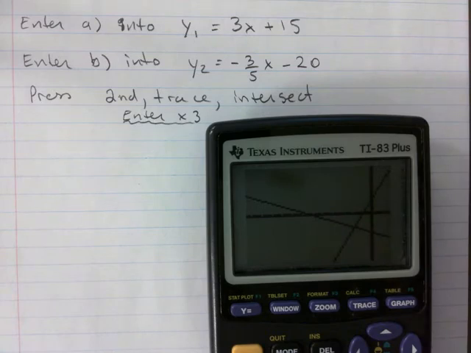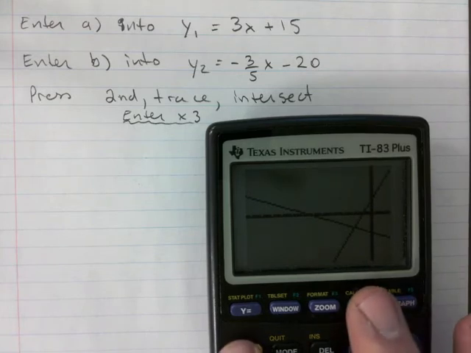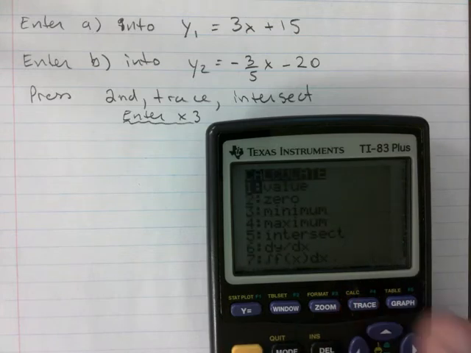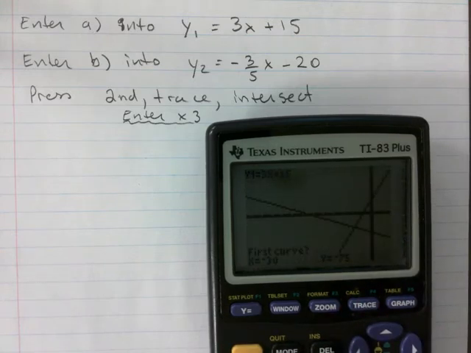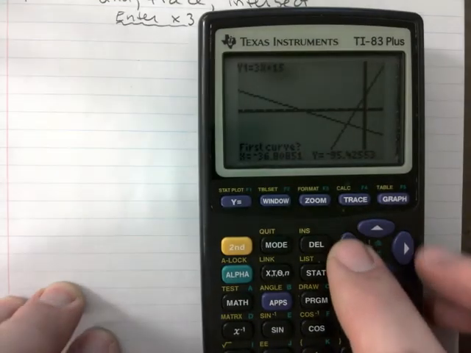Okay. And we're going to graph those on paper in a little bit. So that's the fun part. How are we going to find it? Second, trace 5. And here's something important that I want you to know. Sometimes the cursor is not going to be on your screen. So watch what I'm talking about. If you go sideways, go arrow sideways right now.